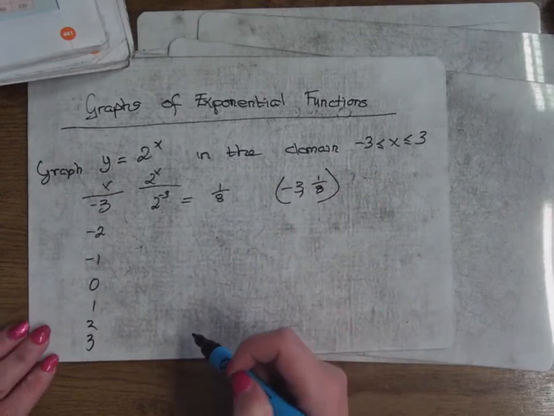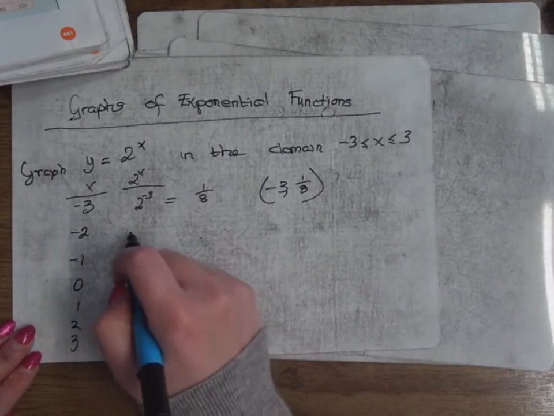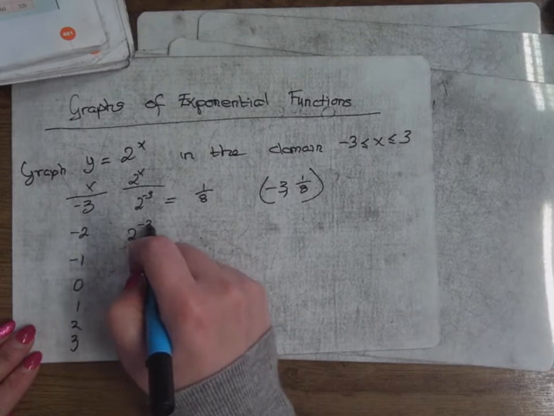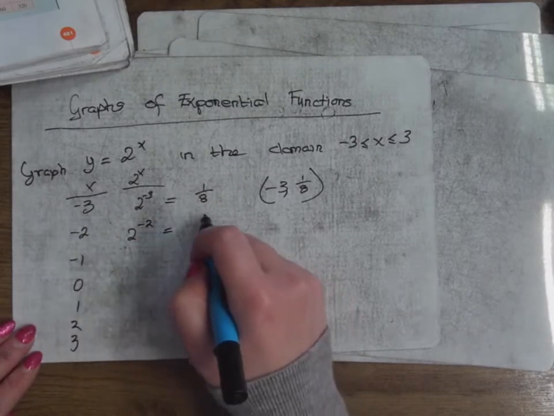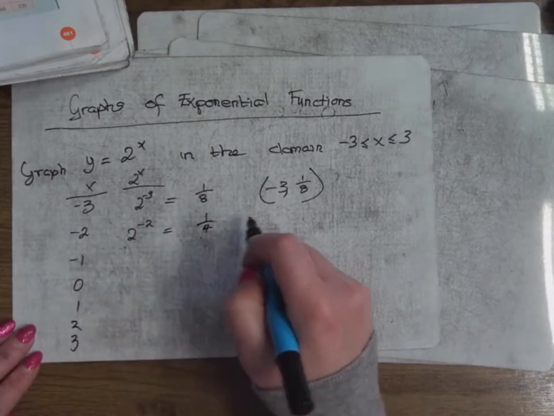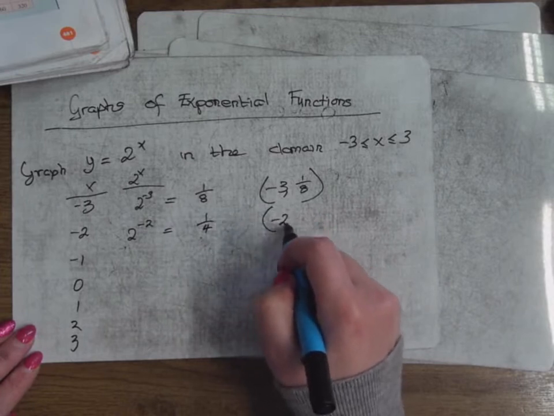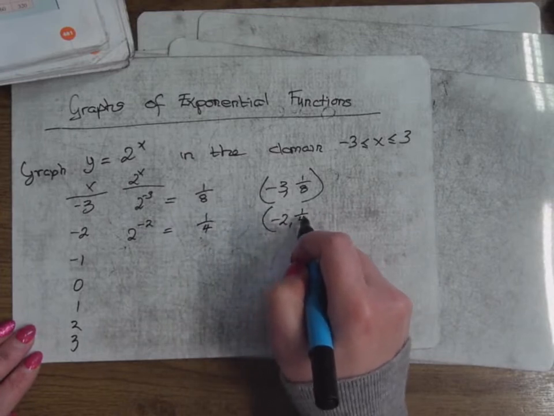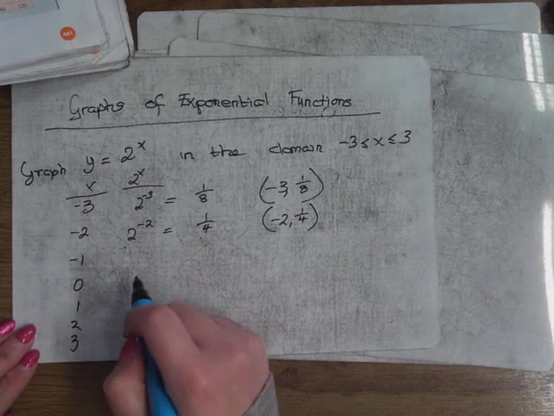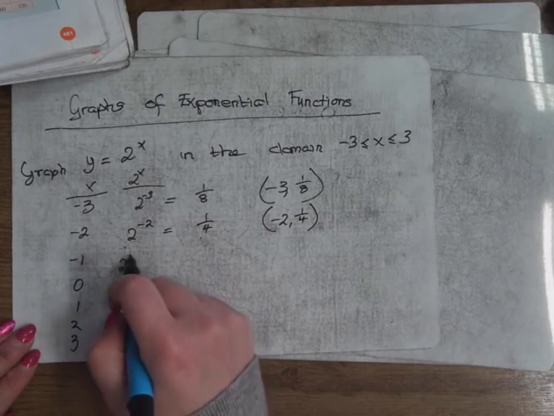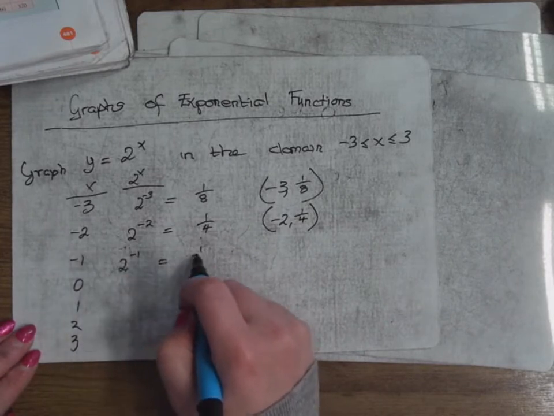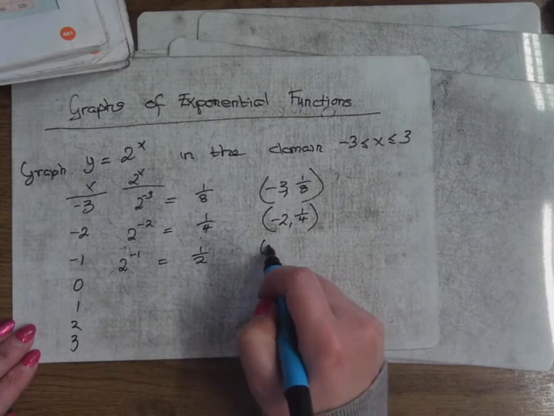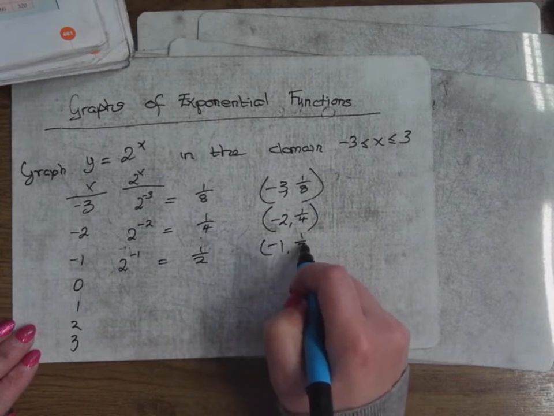Then I put in 2 to the power of -2 and I get 1/4. Then 2 to the power of -1, so that's 1/2. So I put in a -1 and I got out 1/2.